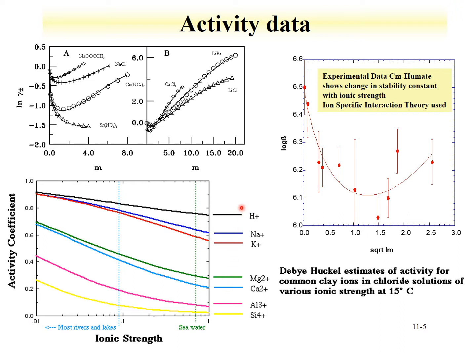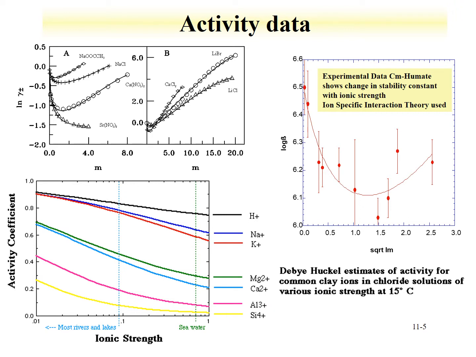And some of the trends that are obvious here is that the monovalent proton, sodium, potassium, have activity coefficients that are higher than the divalents, and then those divalents are again higher than the trivalents.